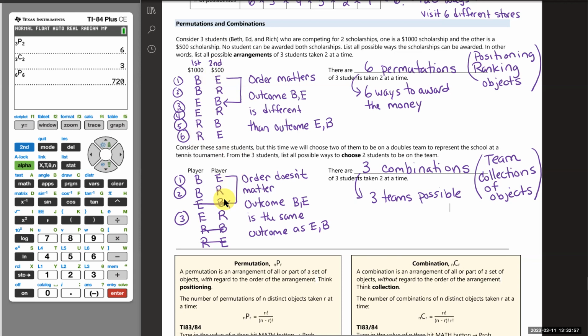So what we're going to do here is look at our calculator notation. So I'm going to write a capital P for permutation, and underneath I'm going to write capital C for combinations. So we're going to count how many ways there are to arrange 3 people.